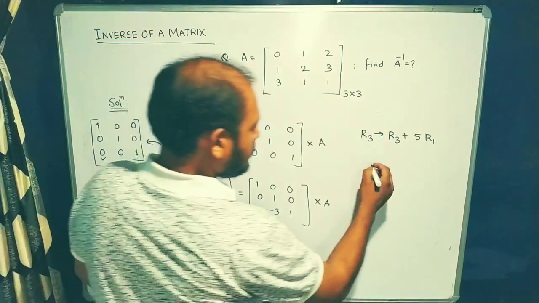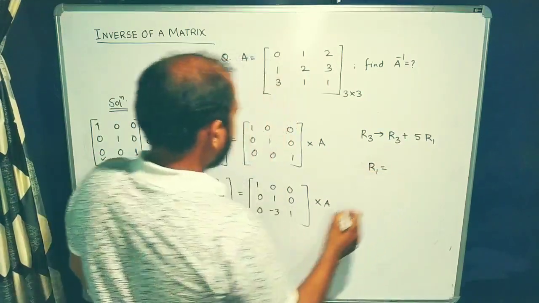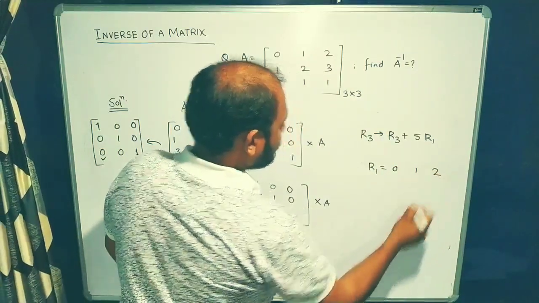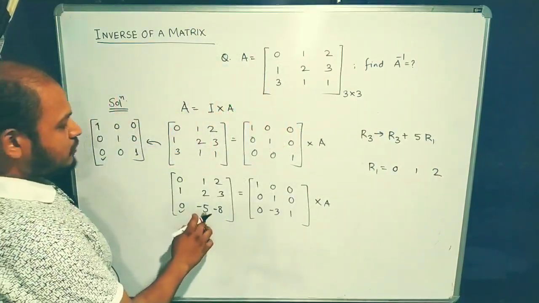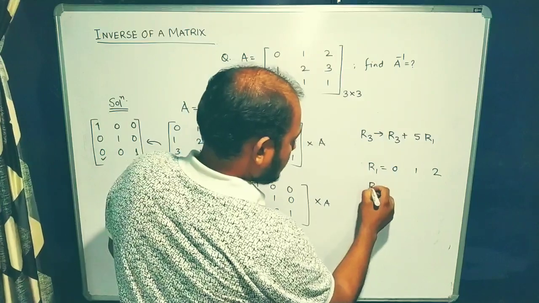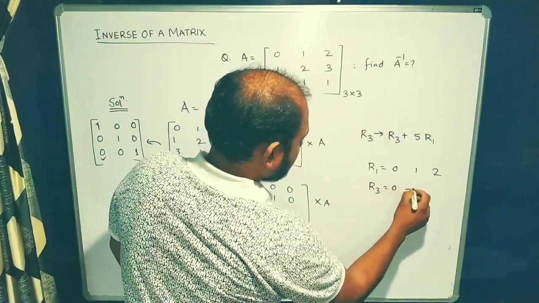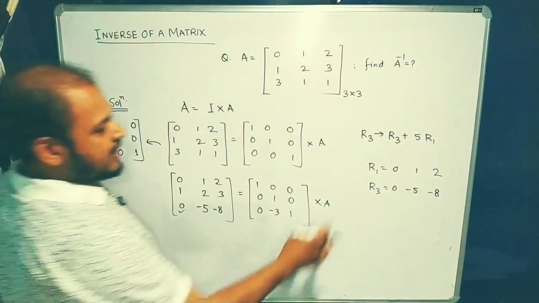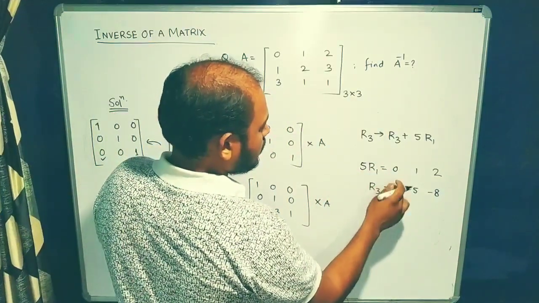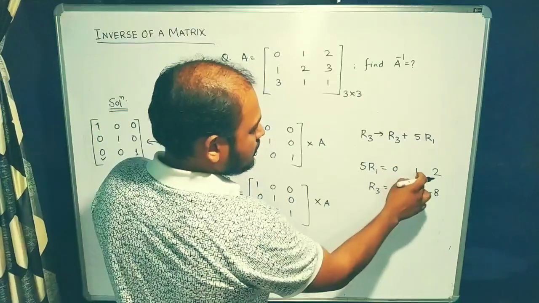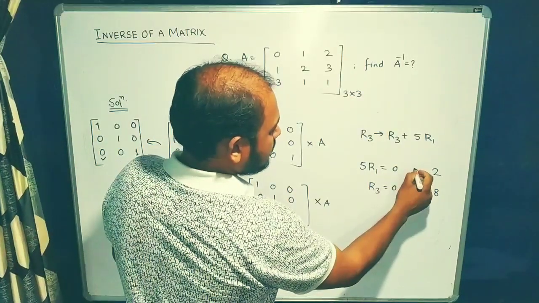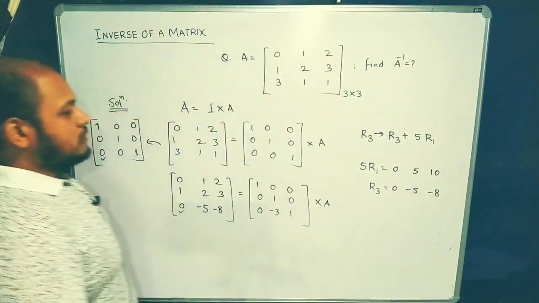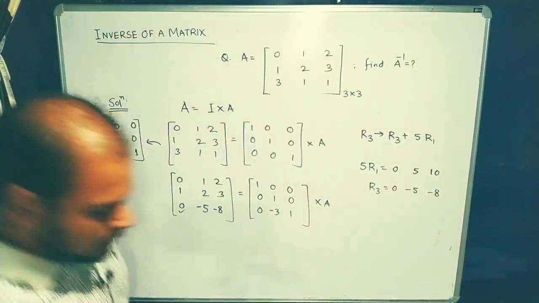So we see that the first row is 0, 1, 2, and the third row is 0, minus 5, minus 8. Now 5 times R1 will be equal to 0 into 5 is equal to 0, 1 into 5 is equal to 5, and 5 into 2 is equal to 10. So now we see that, let me rub it out.